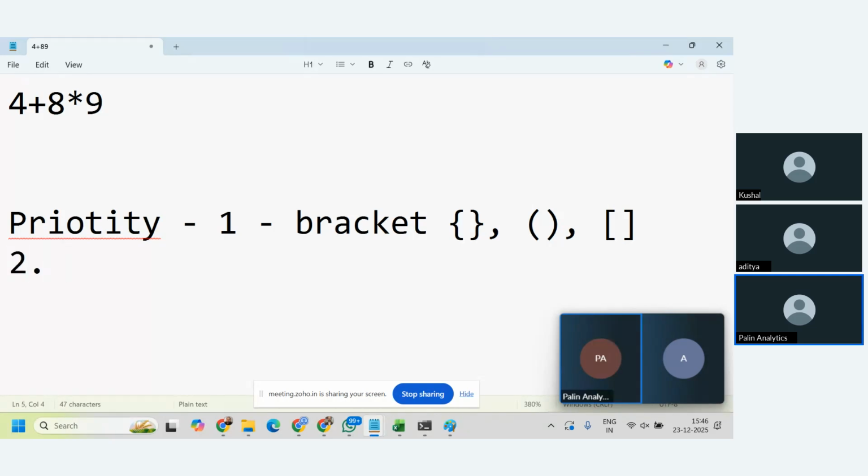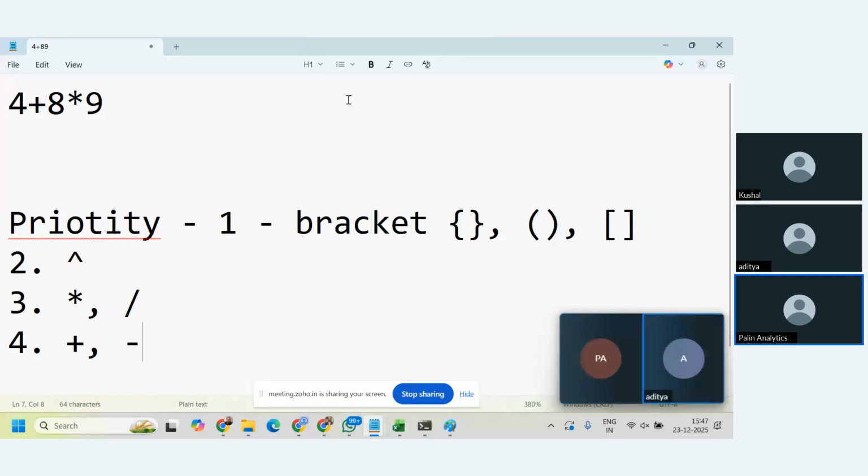On the second priority, there is this symbol. This symbol gets the second priority. On third priority, the symbols are multiplication and division, which have the same priority. And then at the fourth stage, we give priority to plus and minus. This is the general calculation system that we follow, right?